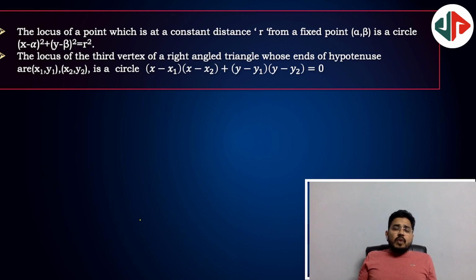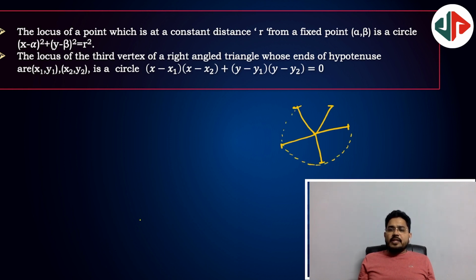If this is the point (alpha, beta), now from here, how many points will you have at R units? Maybe here is one point, maybe this side is one point, here one point, like this. So all these points are how many units away from the given point (alpha, beta)?